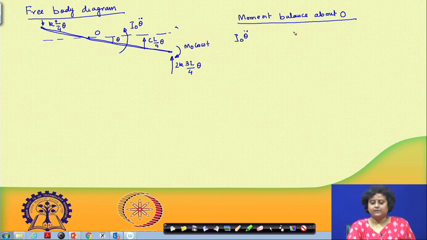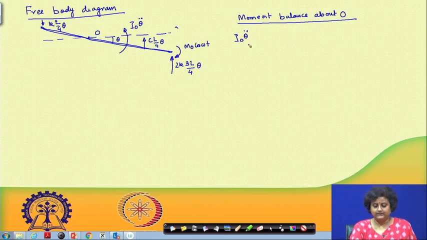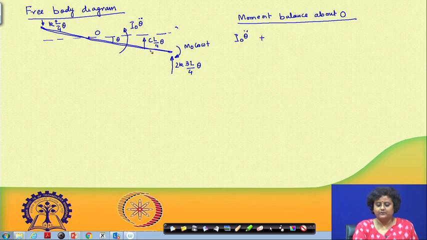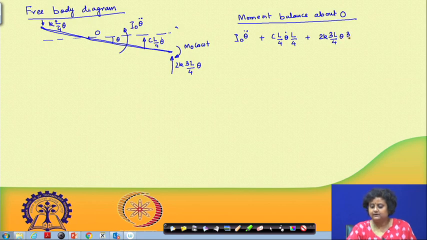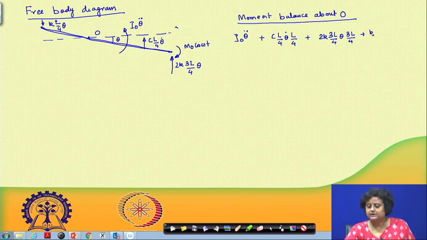So, the moment balance about O is I_O theta double dot plus the force produced by the damping force, C L by 4 theta dot, into the moment arm of L by 4, plus the moment because of the spring force, 2K into 3L by 4 theta, into the moment arm 3L by 4, plus the moment because of this spring force, K into L by 4 theta, into the moment arm L by 4.